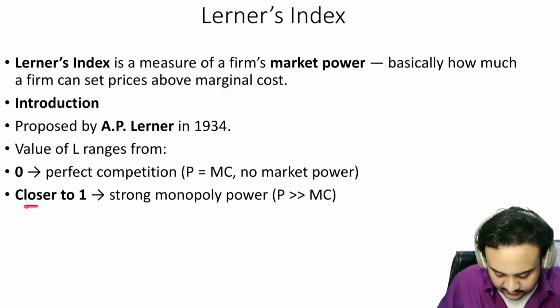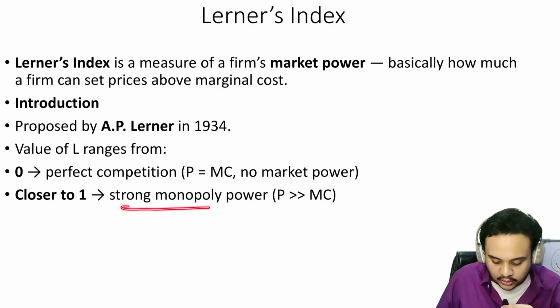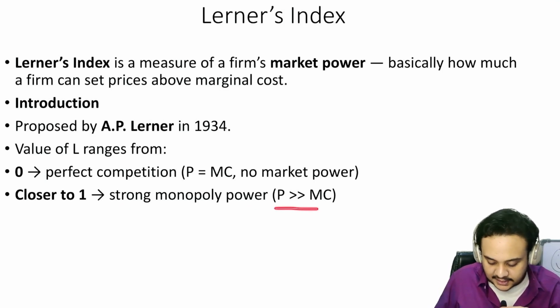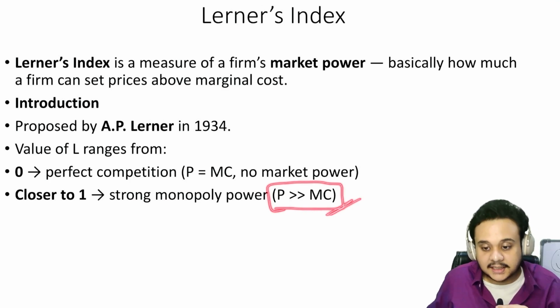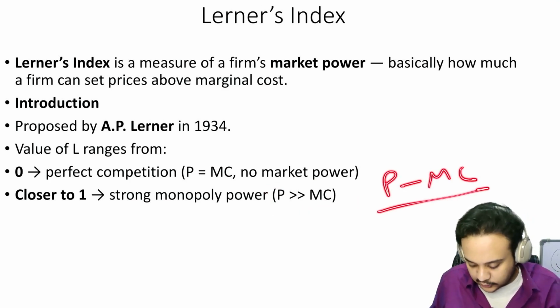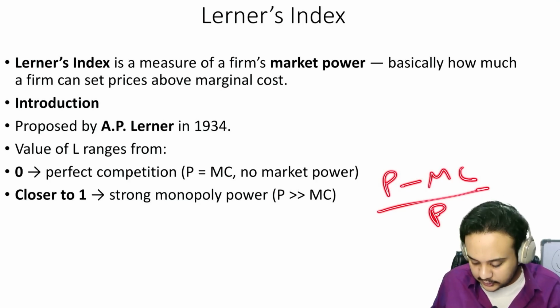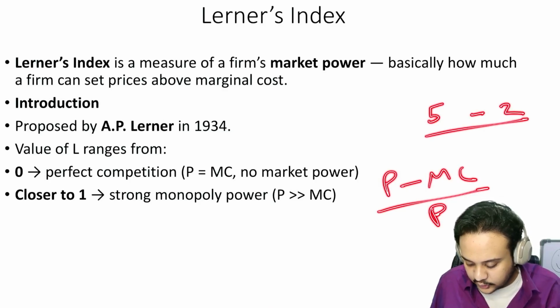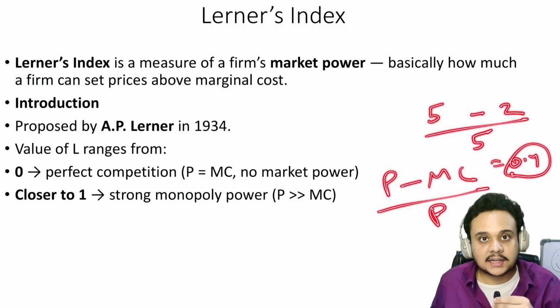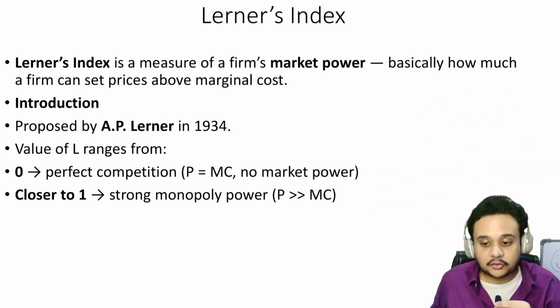And let us see what happens when L goes closer to 1. It is strong monopoly power, which means that price is much greater than MC, because the formula is not just this, it is also divided by P. Suppose the price is 5 and cost is say 2. So here L is going to be 0.6, slightly higher than half, even though there is a markup of 3.